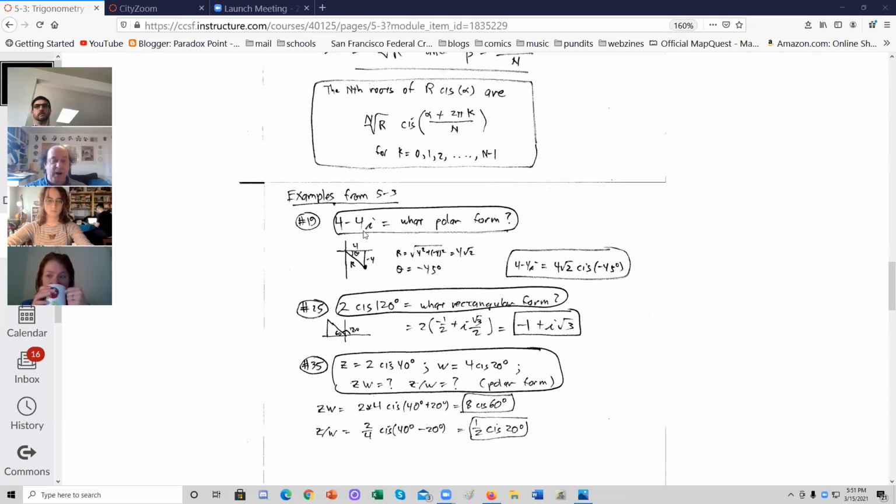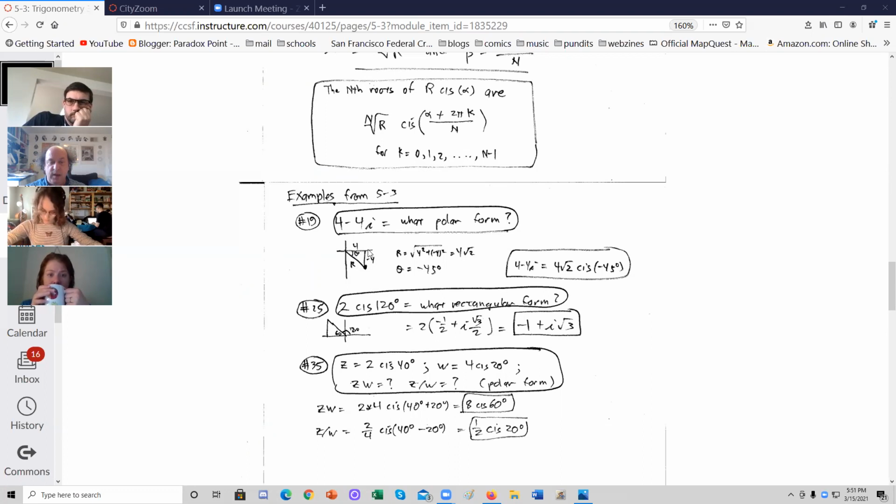All right. 4 minus 4i, what's its polar form? Well, it's over 4 and down 4, and has an outward distance r and an angle theta. If you work out r, by Pythagoras it's the root of 4 squared plus negative 4 squared. That's the root of twice 16, which comes out to 4 root 2.